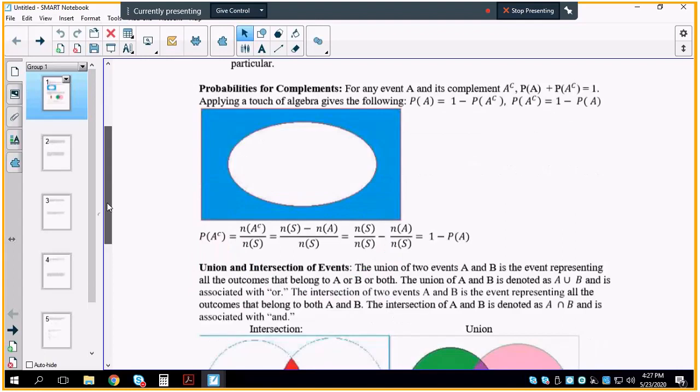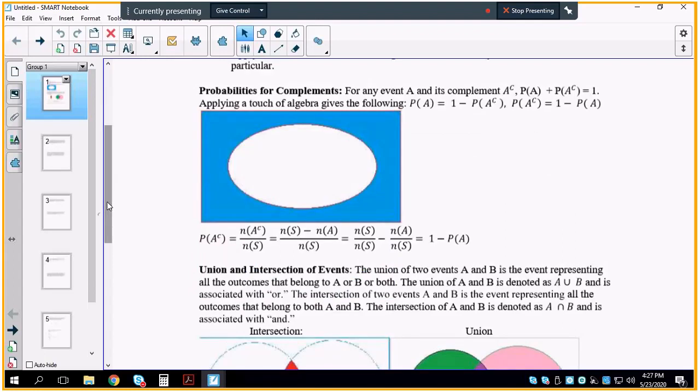First, we will describe what the complement of a set is. If A is a set, then A complement, written A to the power C, or A bar, or A prime, is read as A complement.